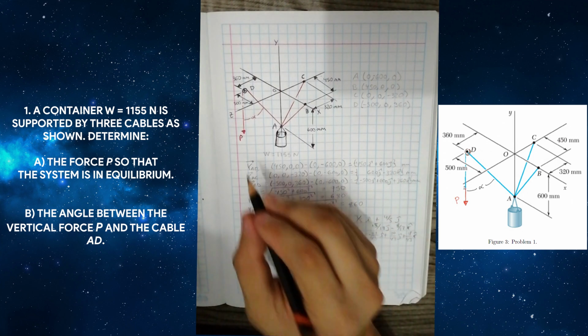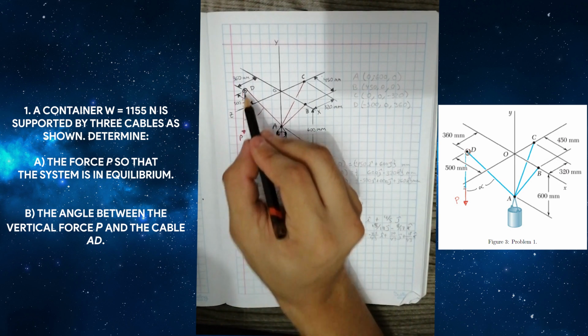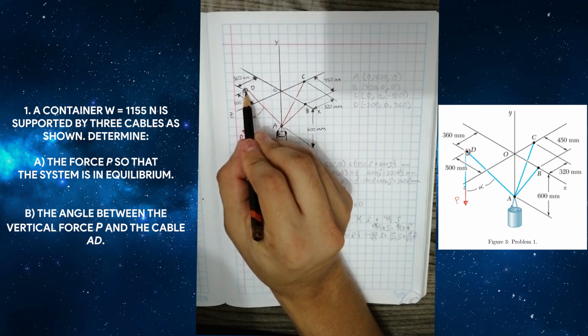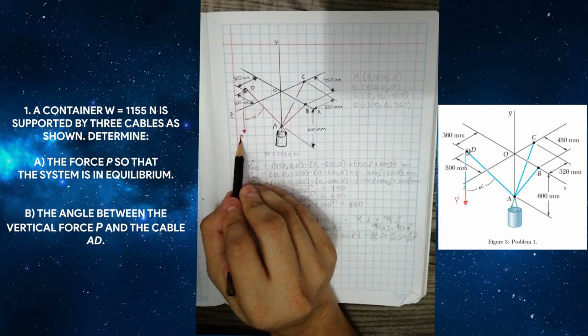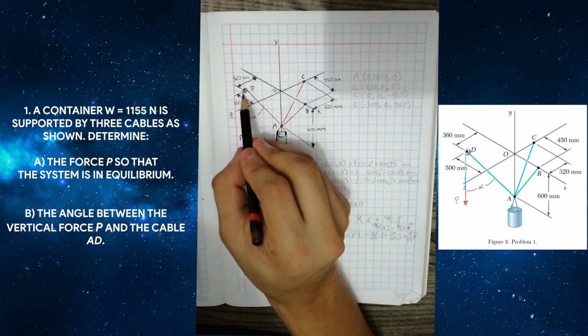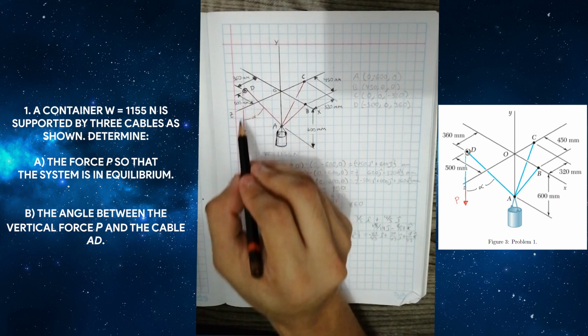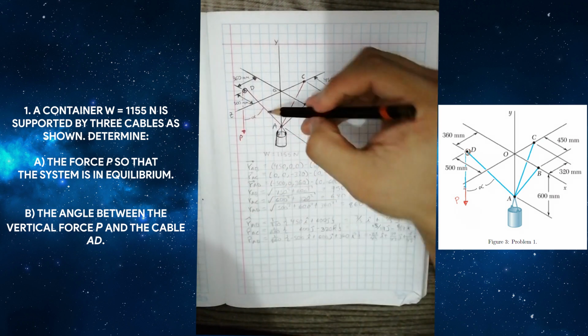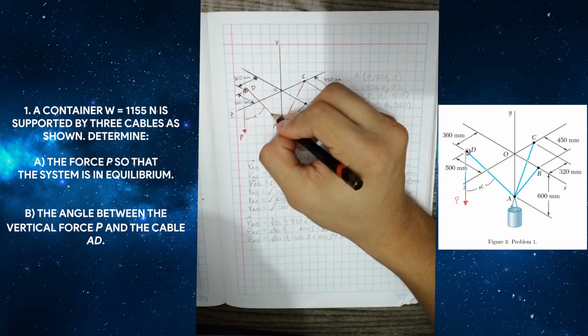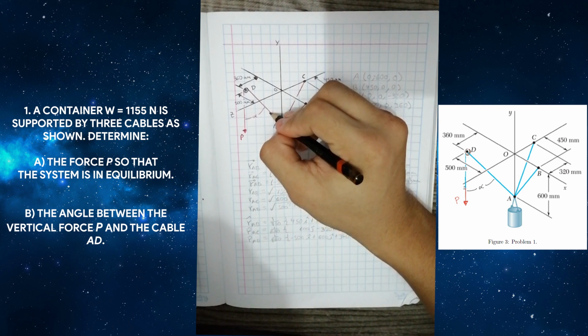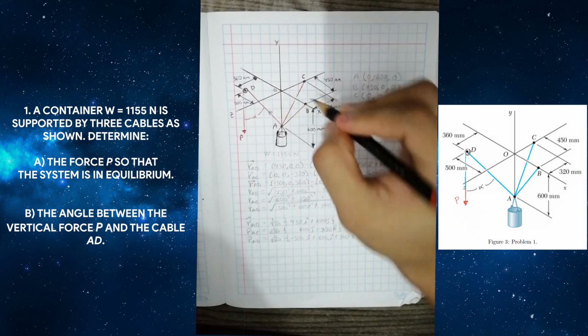As we can see, here we have a pulley, and this is a force with a magnitude of P. Since this is a pulley, this force is the same in this cable. For that, we can say that the magnitude of this force is P.